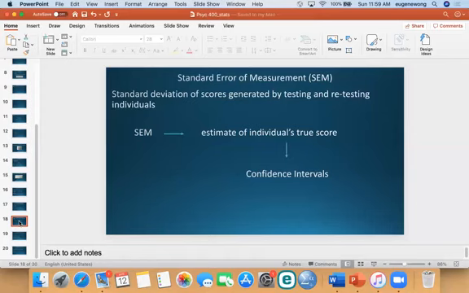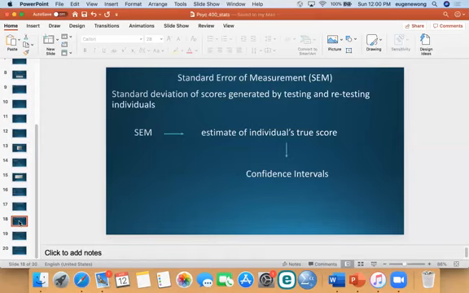So therefore, the standard error of measurement is going to affect our estimate of the individual's true score. In other words, if a test has a very low standard error of measurement, when we give it the one time that we give it, we're going to get a good approximation of the person's true score.